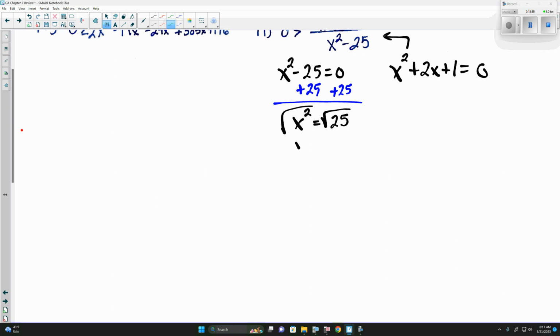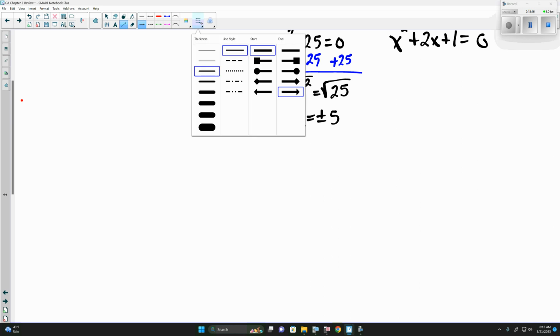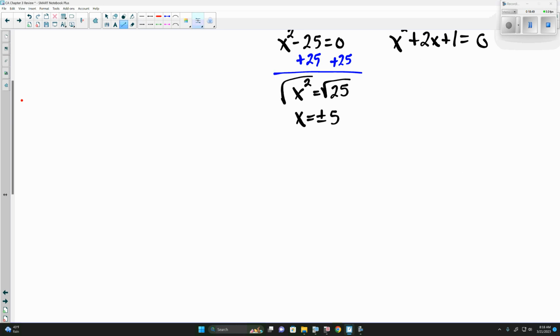Then we can square root both sides, telling us x is equal to plus or minus 5. So we'll have 5 and -5 as our 2 points.